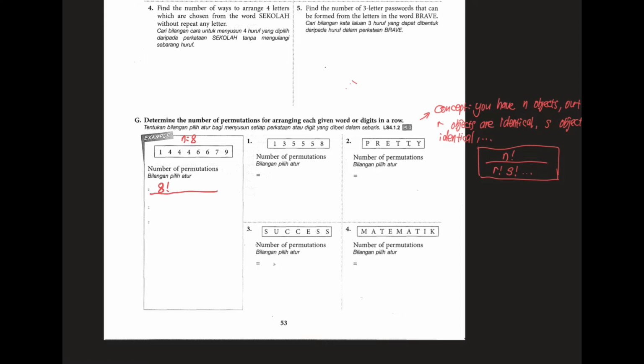At the bottom, we put the identical objects. You can see 3 of the 4s here, 2 of the 6s here. So we divide by 3 factorial followed by 2 factorial, 3 factorial because of the three 4s and 2 factorial because of the two 6s. So you divide in that way.